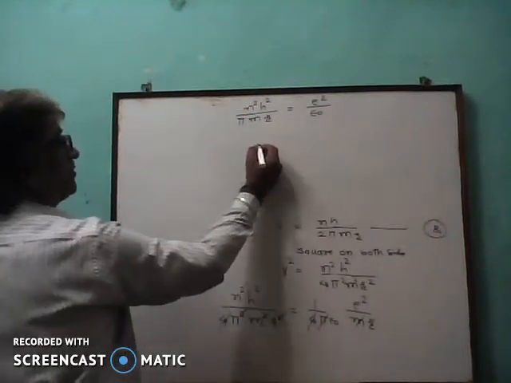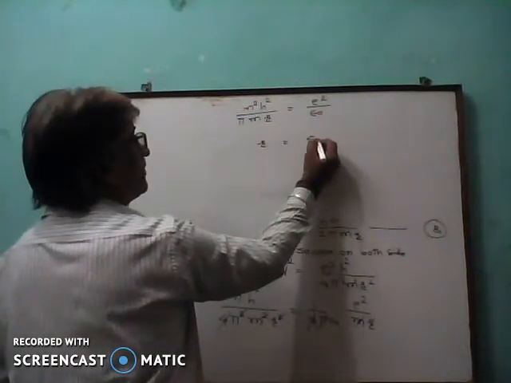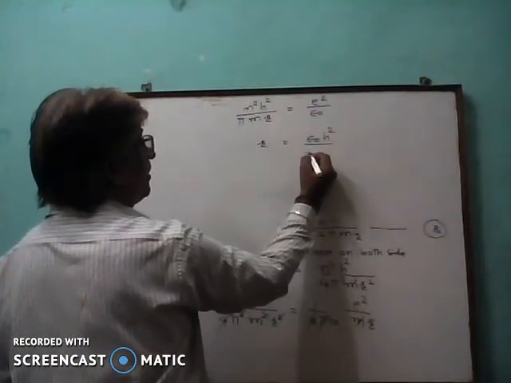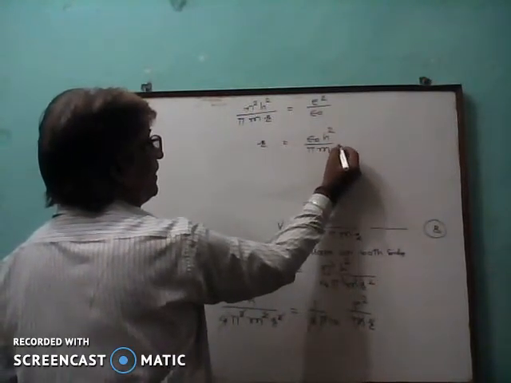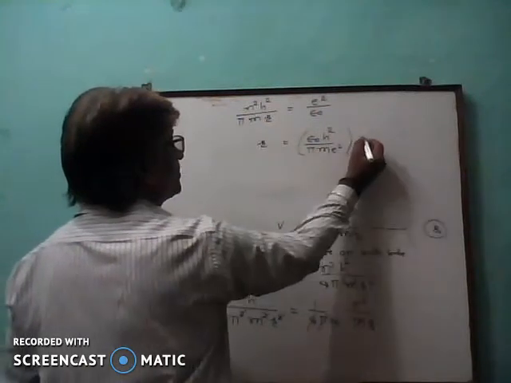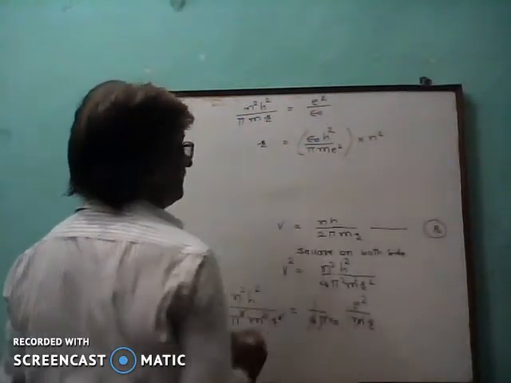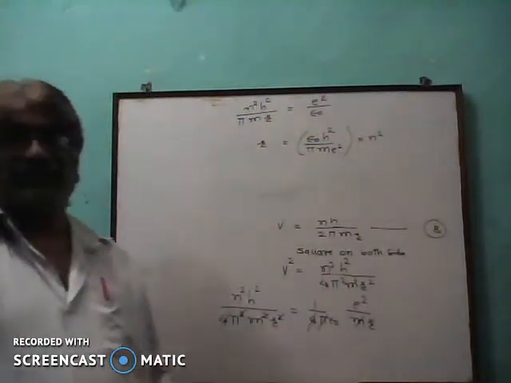Rearrange the terms, so r is equal to epsilon 0 h square upon pi m e square into n square. We can calculate the radius.